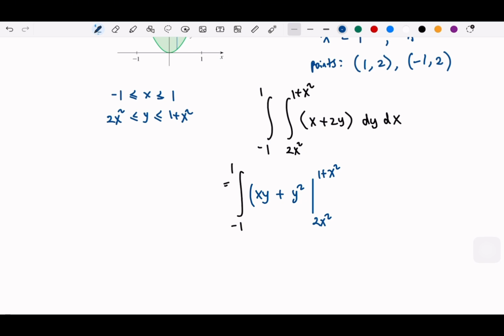If you are maybe confused about what the 1 plus x squared is, this is actually for y, right? So let me also write, this is y equals, and this is dx. So plug in y inside the equation.